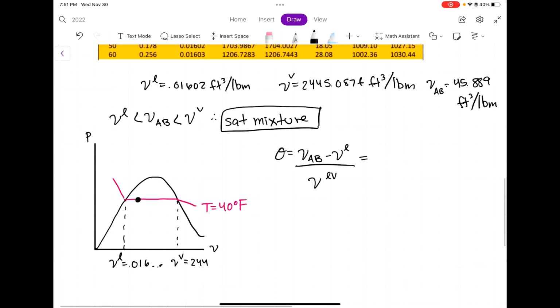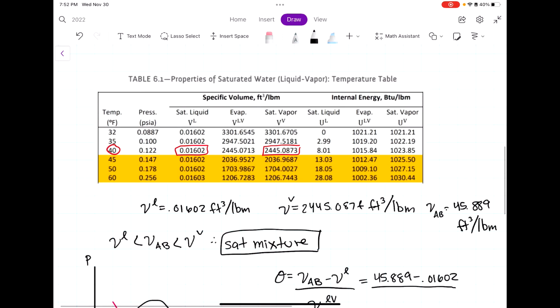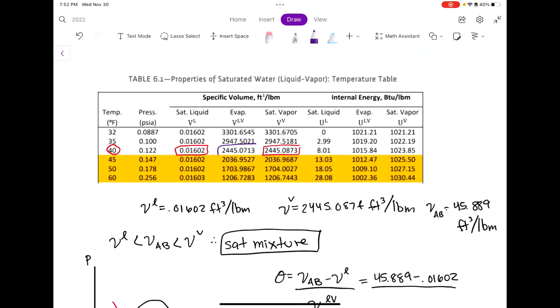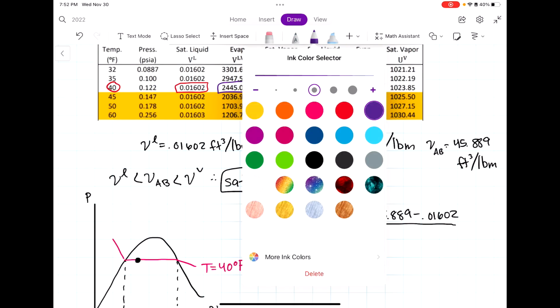So I'm going to write down the formula for quality. Our specific volume is 45.889 minus our specific volume for saturated liquid, which was 0.01602, divided by our specific liquid vapor value, which is over here, which is this one. Again, all of the values I'm using are from our table.